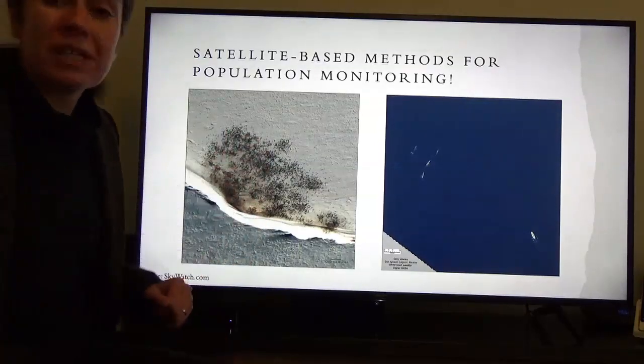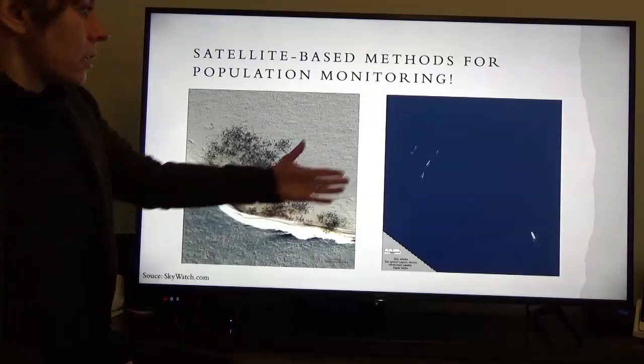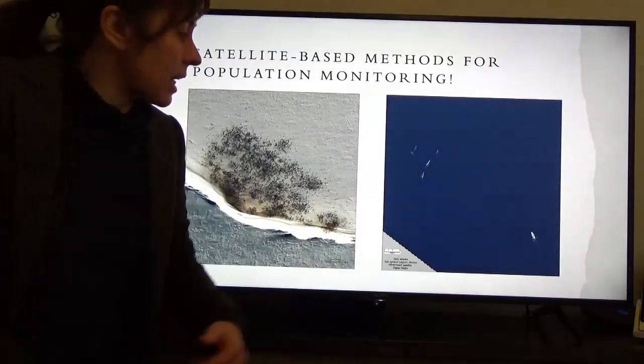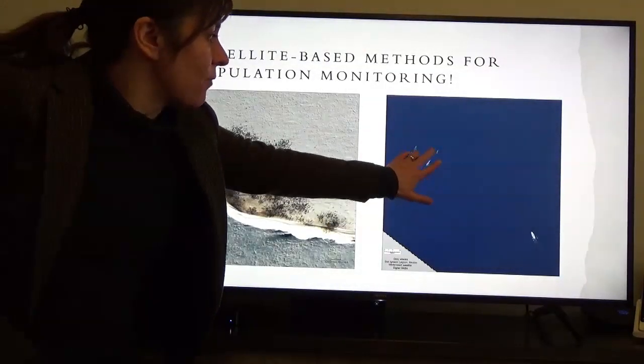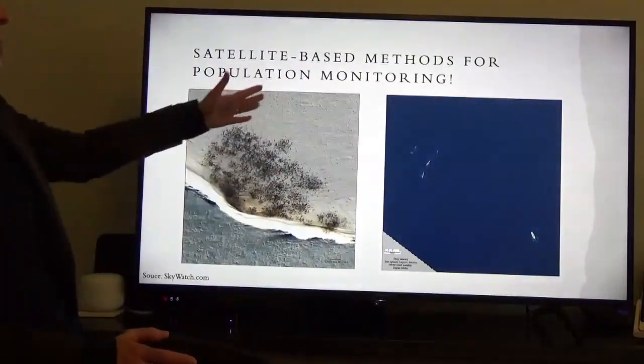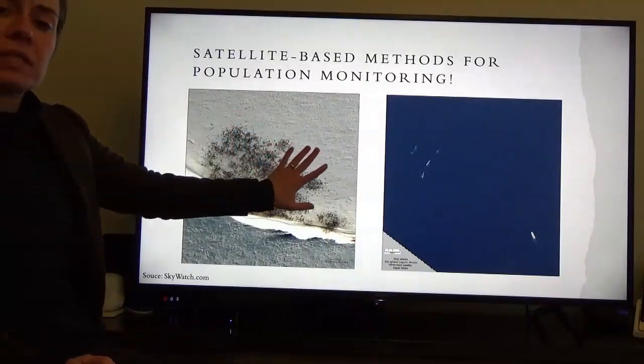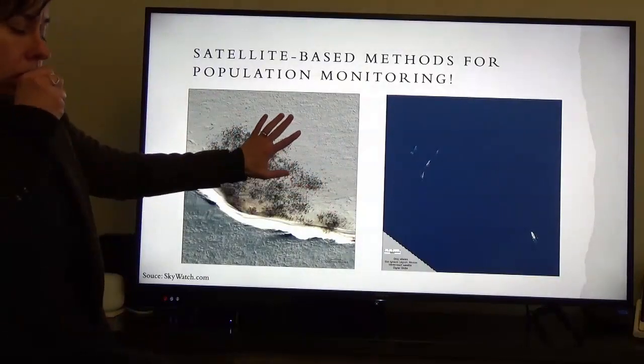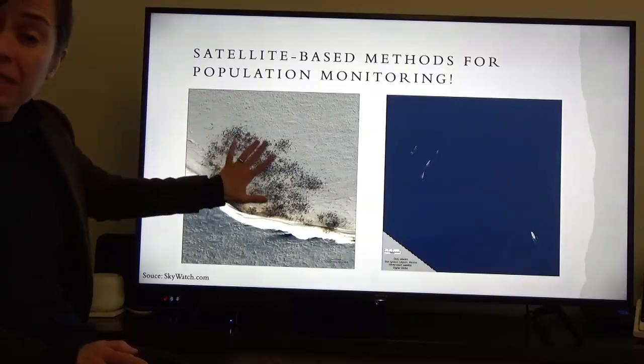Really hard to reach places like Antarctica. Hard to measure individuals like these gray whales that we see, four individuals here in the ocean, and a boat over there. So pretty amazing things that we can do using satellite imagery to estimate population sizes.